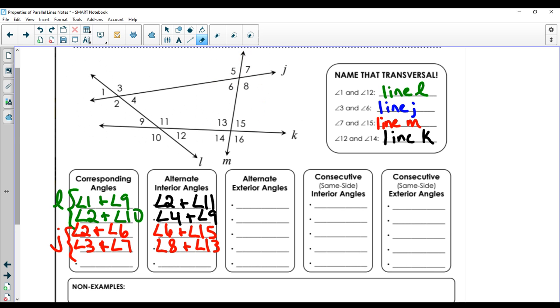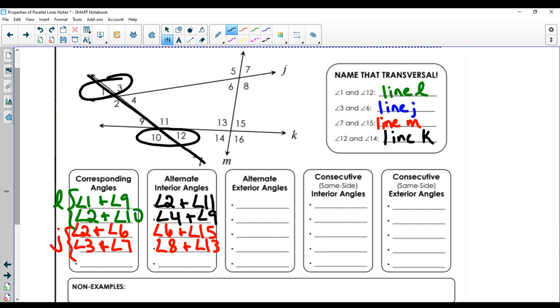Okay? So our next grouping of angles is, we're still alternate, but now we're going to talk about exterior. So let's go back and look at our transversal here for L. So we still want to be on opposite sides of that transversal line, but now we want to be outside the two main lines. So this time we want to look outside J and K. So we got angle 1 and 3, 10 and 12.